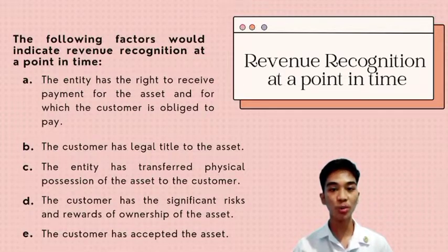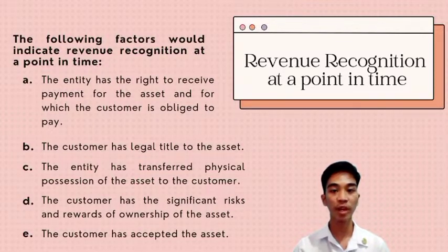Letter D, the customer has the significant risks and rewards of ownership of the asset. The transfer of the significant risks and rewards of ownership of an asset to the customer may indicate that the customer has obtained the ability to direct the use of and obtain substantially all of the remaining benefits from the asset.